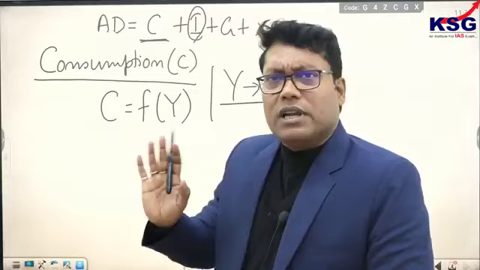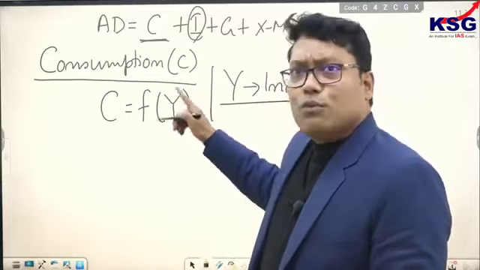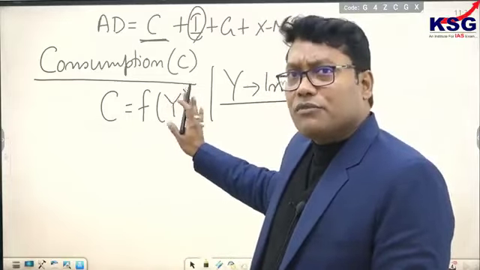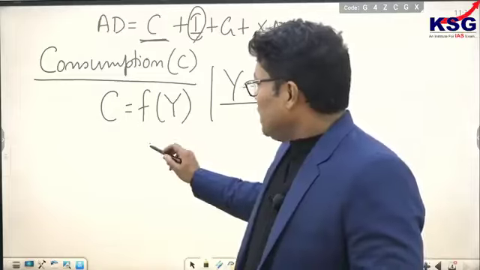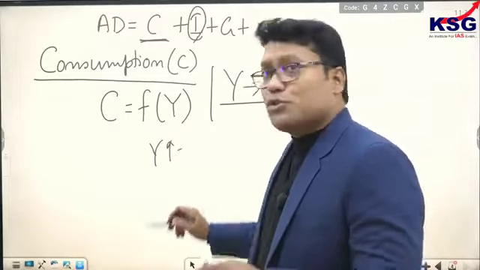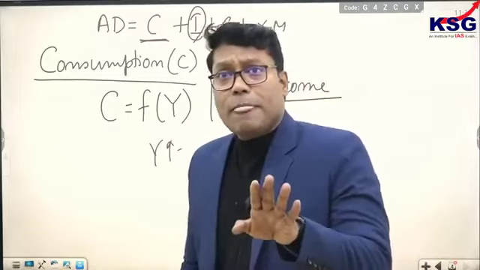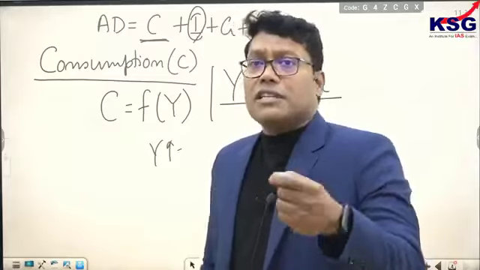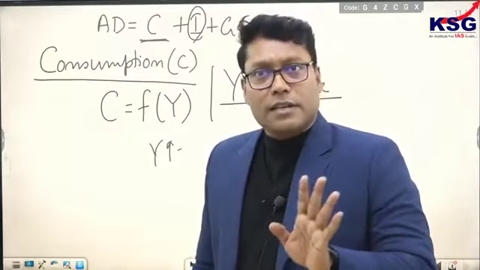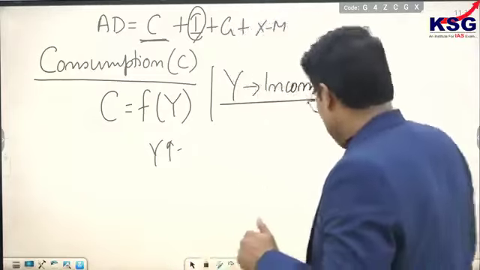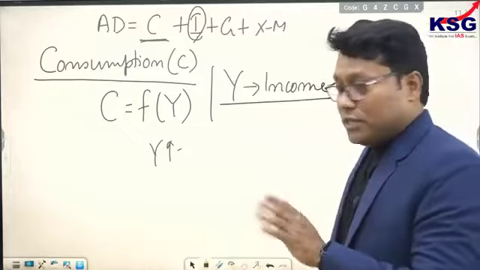So if Y is going to increase, then consumption is going to increase. Saving we have discussed: saving is the income which is left after the consumption. Clear? All these parts we have discussed, dear. Okay? Please go and revise it so that you are able to connect this.